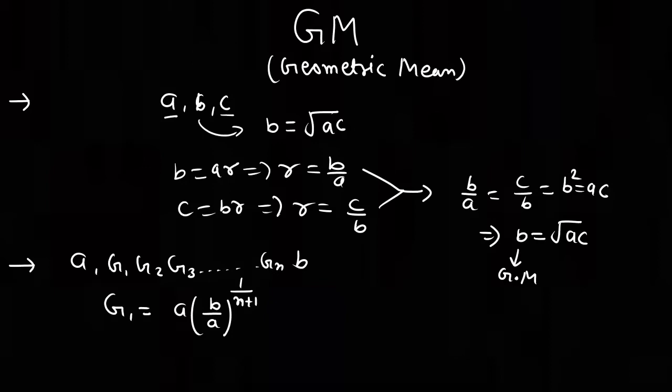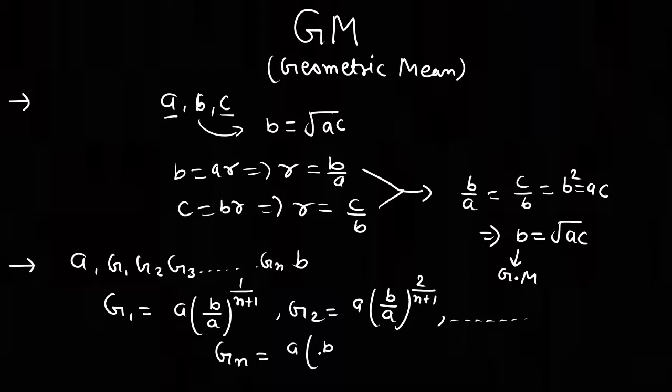This will be the G1, and G2 will be A into B by A raised to the power 2 upon n plus 1, and so on. And the Gn will be A into B by A raised to the power n upon n plus 1. So this was the topic geometric mean. Thus you can find the geometric mean of any GP.